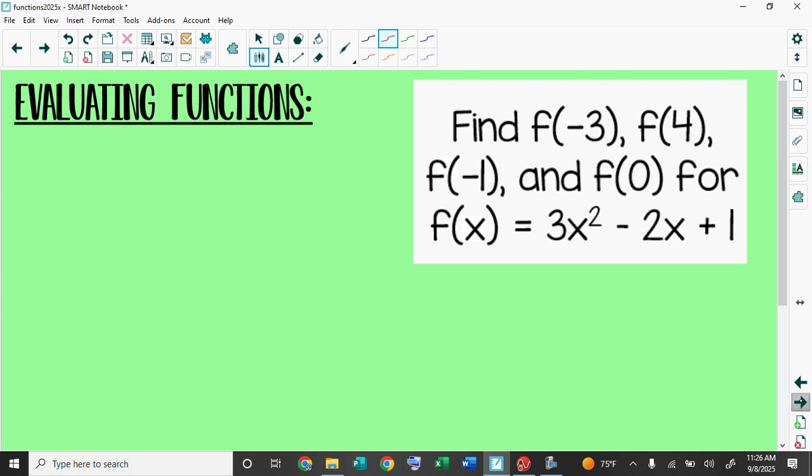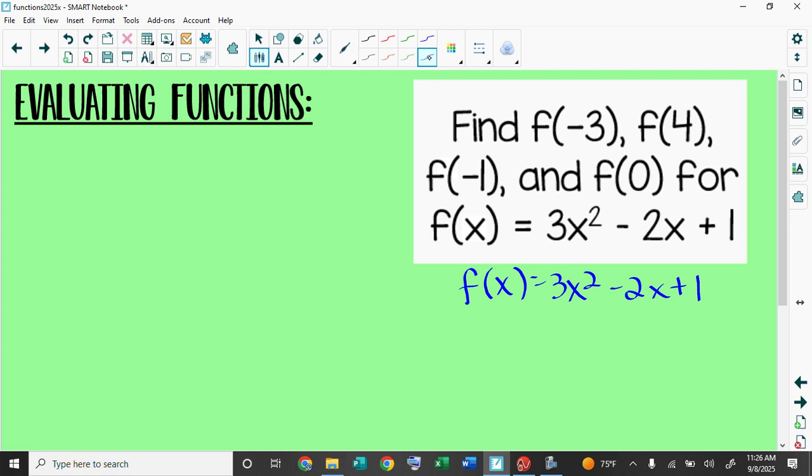Evaluating functions. So we could evaluate this function by hand. Some of you may like evaluating it by hand better, but we're going to use technology. If we were to evaluate this by hand, this is f of -3, f of 4, f of -1, f of 0, for f of x equals 3x squared minus 2x plus 1.